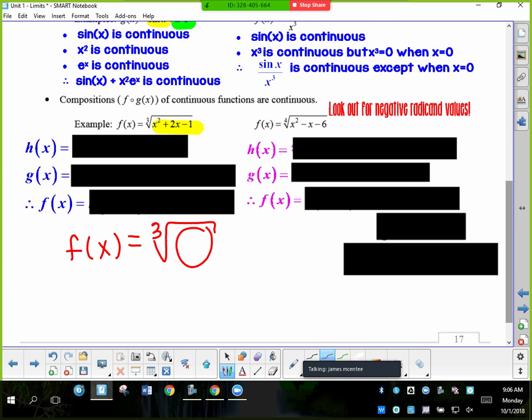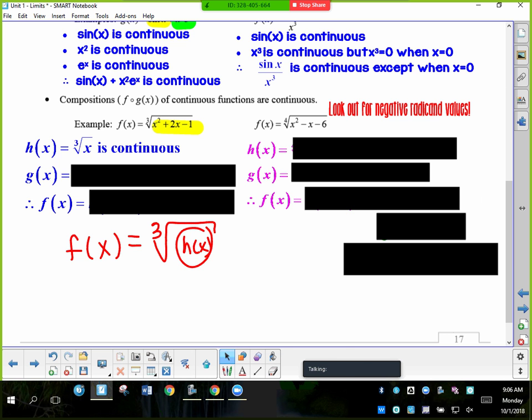So I'd start off and look at what's my h of x? Well, that's whatever we have on the inside here. The inside plugged in function, and then the outside one. I'm looking at the outside first.